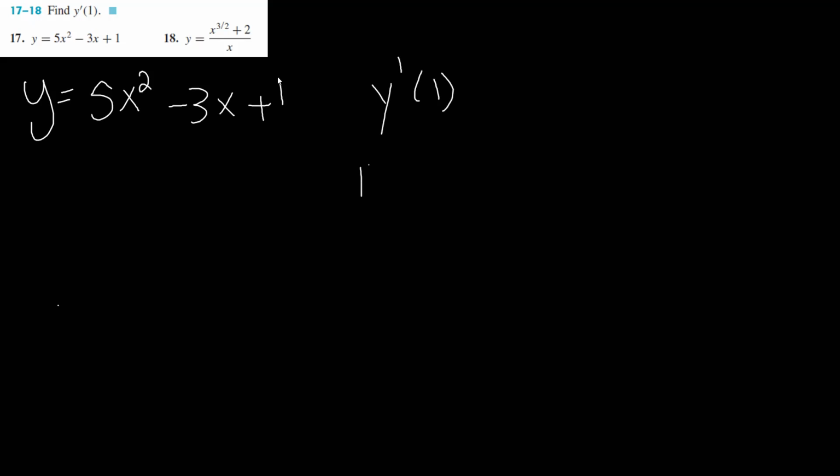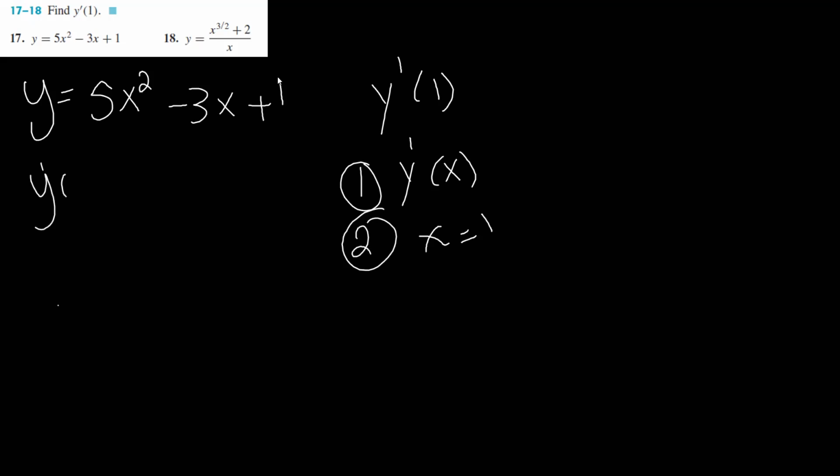Now here I want you to find y prime of 1. That means I have y equals 5x squared minus 3x plus 1. If I ask you to find y prime of 1, you have to find y prime of x first, I mean the derivative, then evaluate at x equals 1 after deriving. So let's find y prime of x.